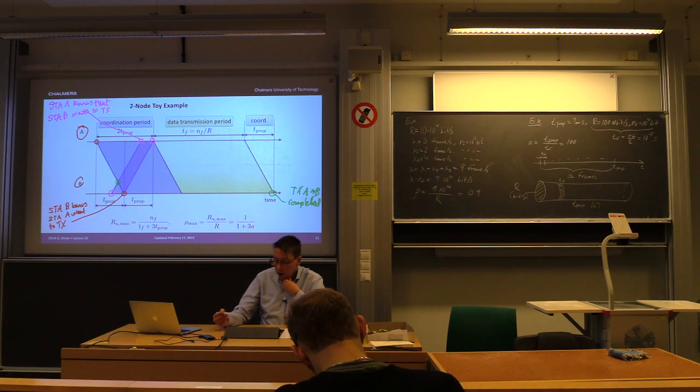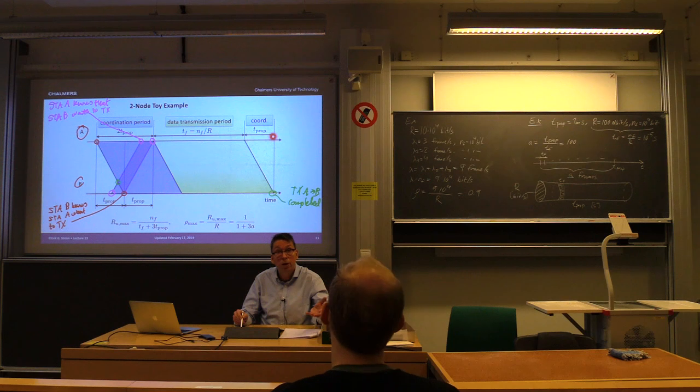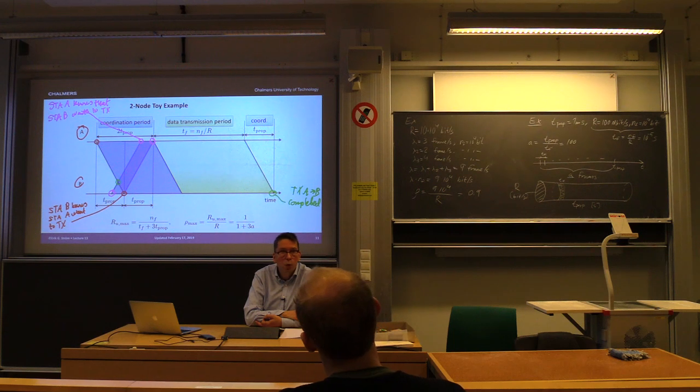Okay. Now, suppose station A has another frame to transmit, it still needs to wait for a propagation time before it can start to compete for the channel again. Otherwise, station A might seize the channel and keep on using it forever, never letting station B come in. Okay. So any questions on the logic here? I would say this is a quite important example.